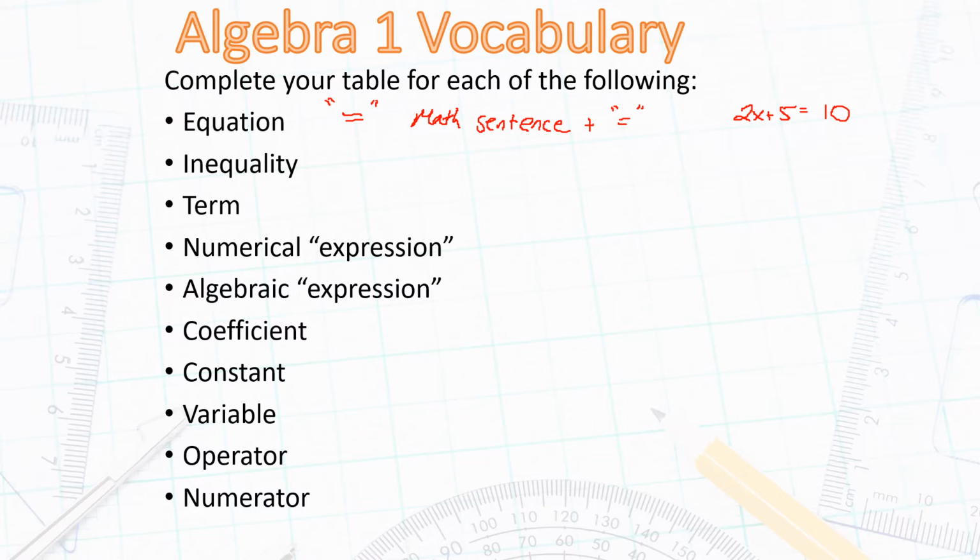An inequality is when you have two expressions that are being compared to each other and one may or may not be bigger than the other. So we would have something like 3x + 5 < 2x - 11.